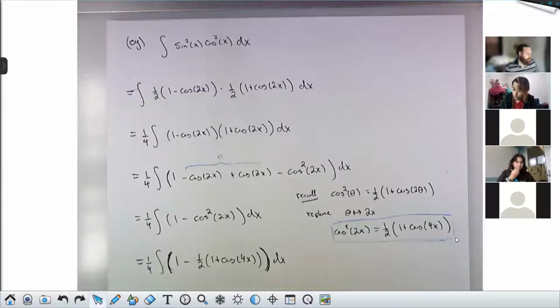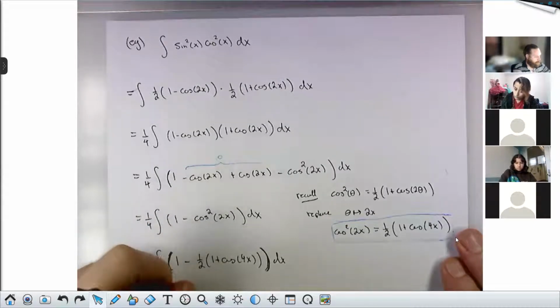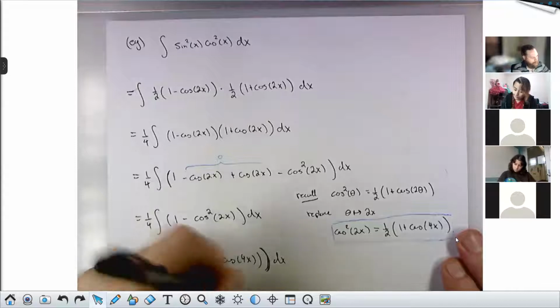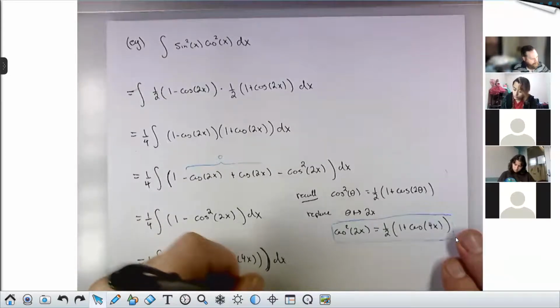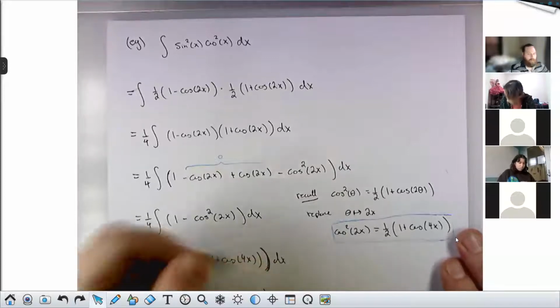There are going to be some like terms here that can be combined. And then we'll be at a place where it's all u-substitution. So 1/4 out front, integral. Distributing this 1/2, I get 1 minus 1/2 minus 1/2 cosine of 4x dx, like so.